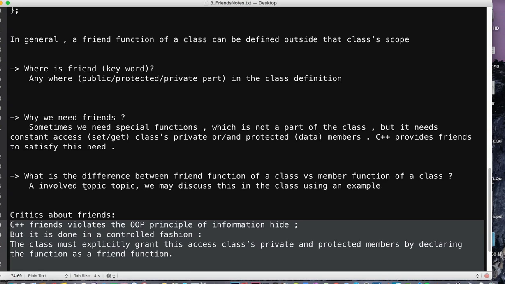Mainly, it violates the object-oriented programming principle of information hiding, but it can be done in a controlled fashion, meaning the class must explicitly grant this access to its friend function to access its own private or protected members, by declaring this function as a friend function.